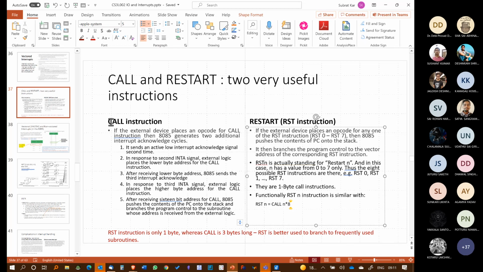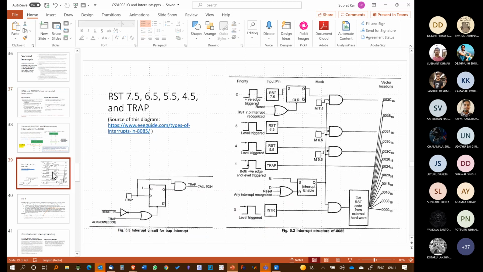So whoever is interrupting you is telling you what to do, right? So that's like a call instruction. But restart is like you know where to go. So that's the primary difference. But if you go to this link, you will find they are very similar.